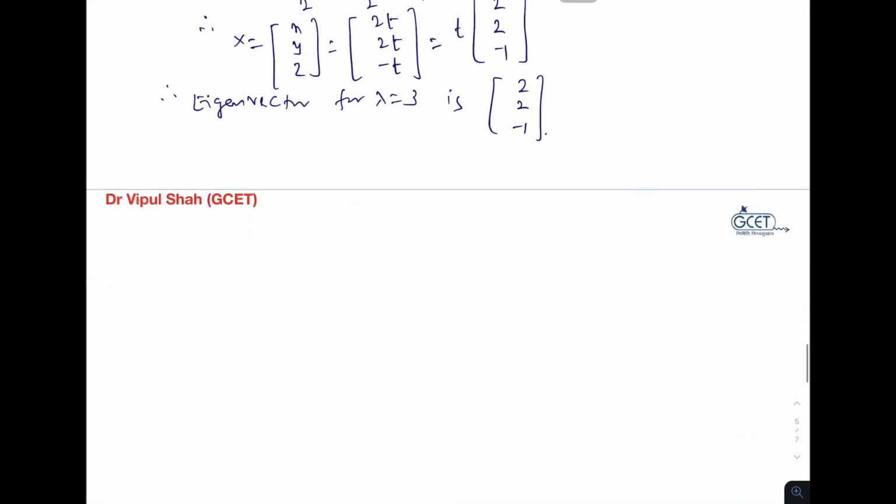Next, for lambda equal to 15, so (A minus 15I)x equal to 0.